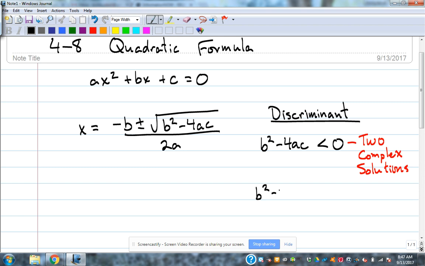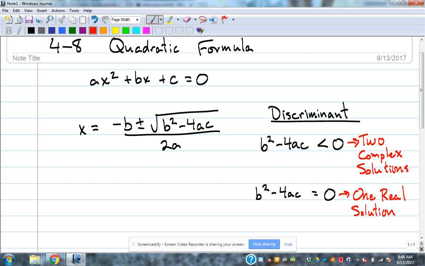If b squared minus 4ac is equal to 0, well, it's no longer complex, right? It's one real solution. Because what's the square root of 0? 0, always, right?